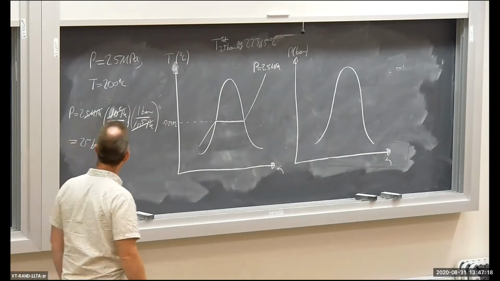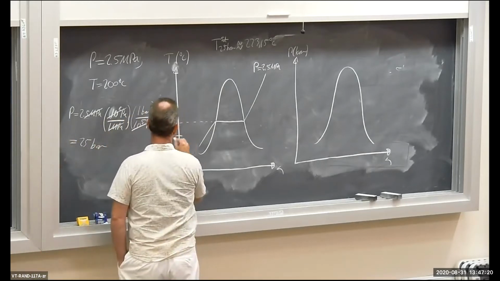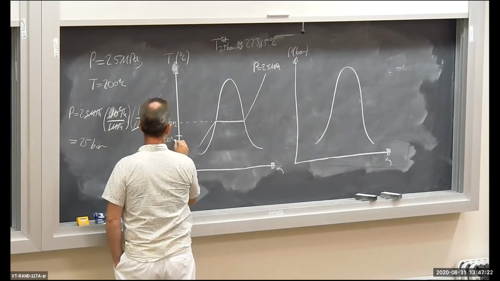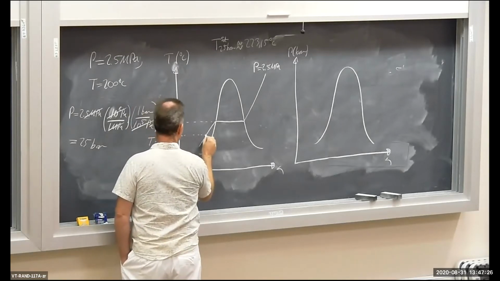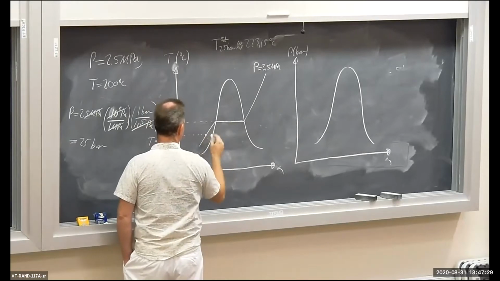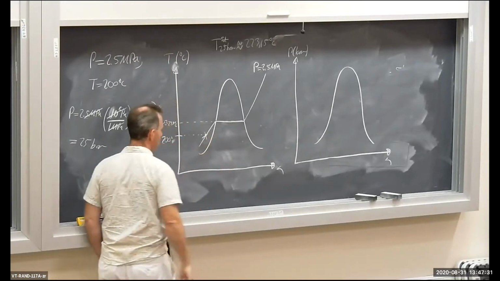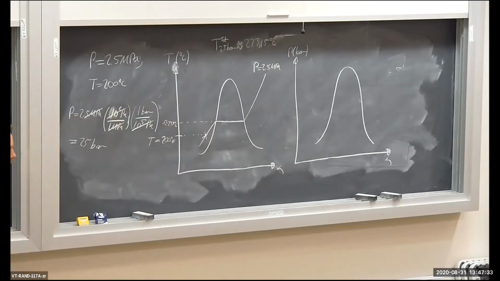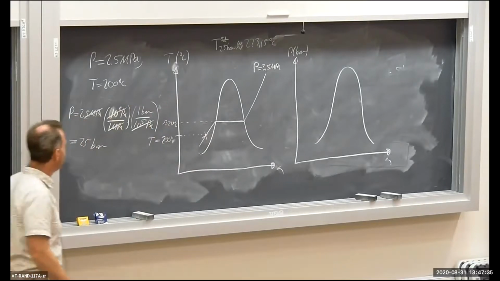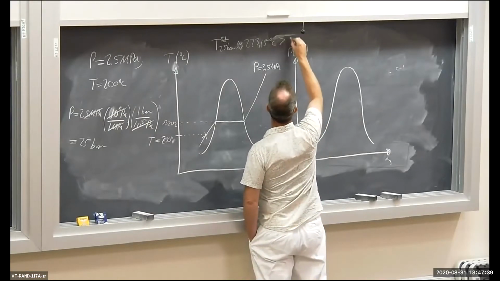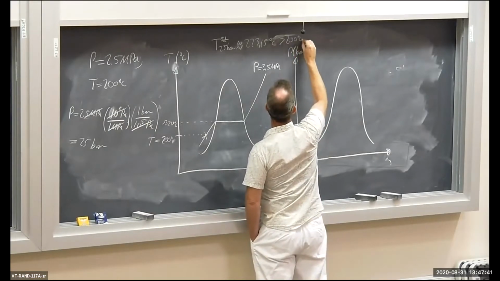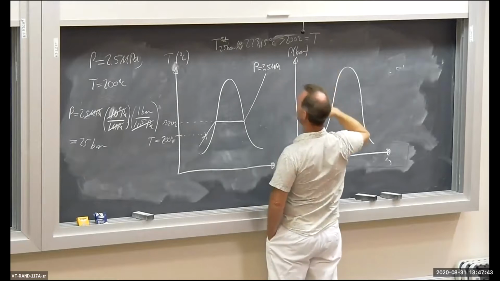Now we are below that. We are at 200 degrees C. That's our temperature. The intersection between the isobar and our isotherm puts us in the supercooled liquid region.